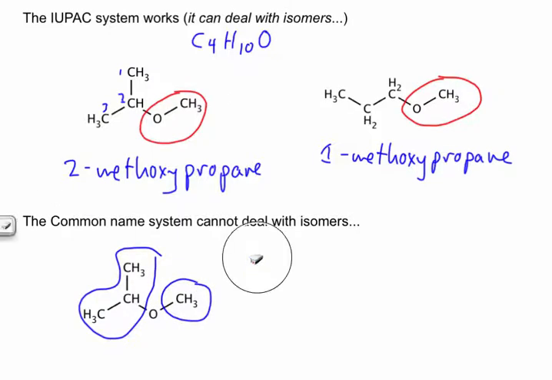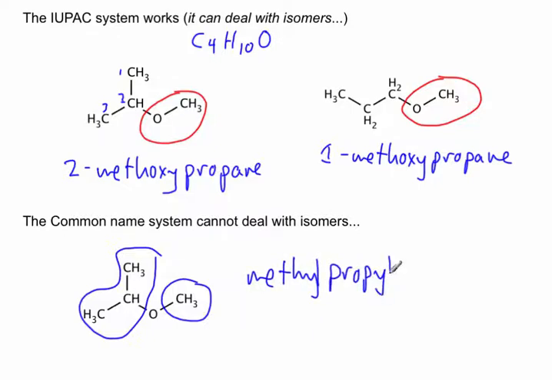We alphabetize it, and so that would be methyl propyl ether. But methyl propyl ether doesn't tell you that the ether functional group actually comes from carbon 2 of the propyl. So this system doesn't allow for isomers and doesn't allow you to name isomers.